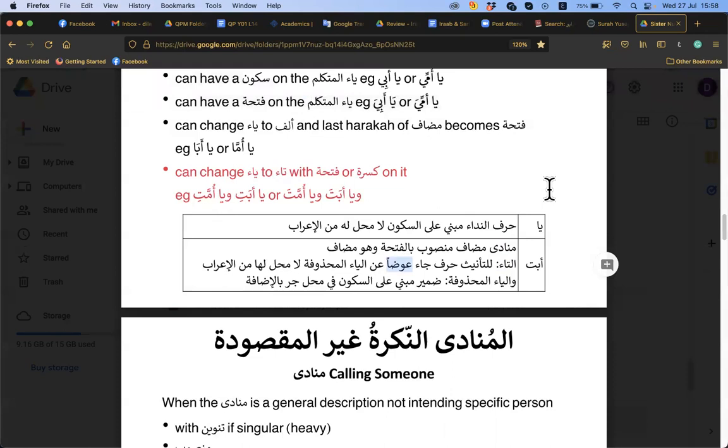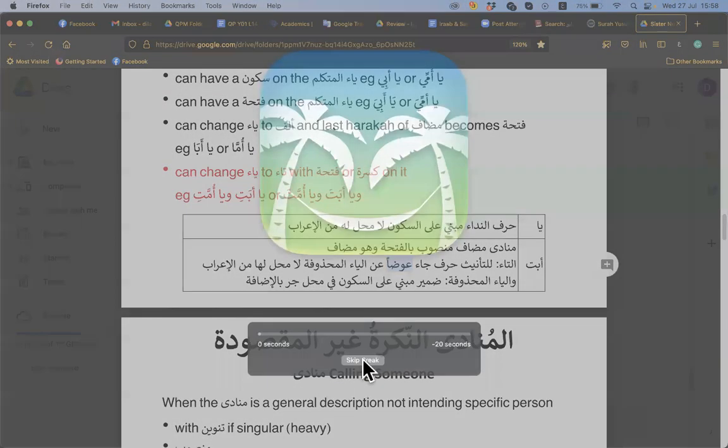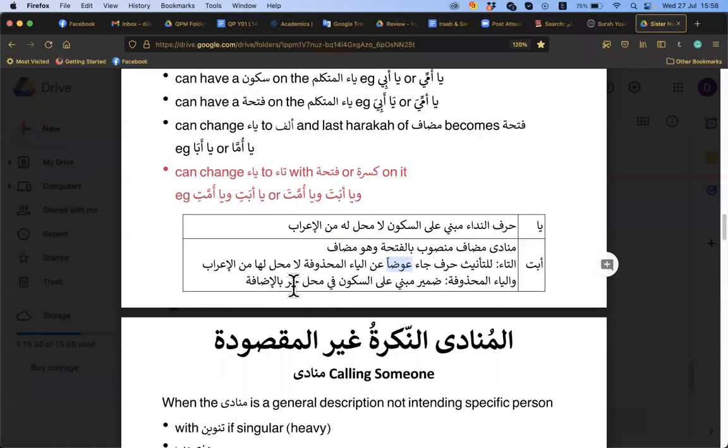This is also another surah which has a lot of munada. I kind of don't understand about the ta. Why is it ta ta'nis? Because in the fi'il, the ya mutakalim will be attached to the nun wikaya, and sometimes they remove the ya and then the nun gets a kasra. But for an isim, is this the case?